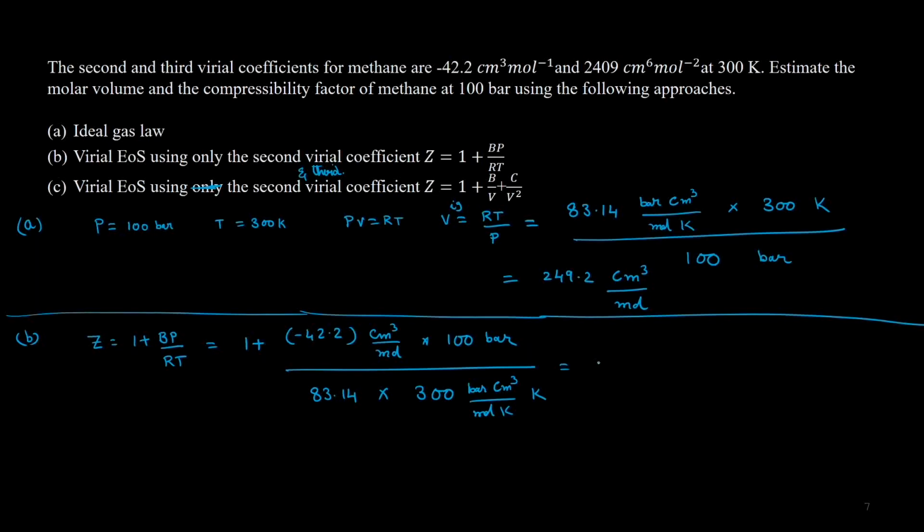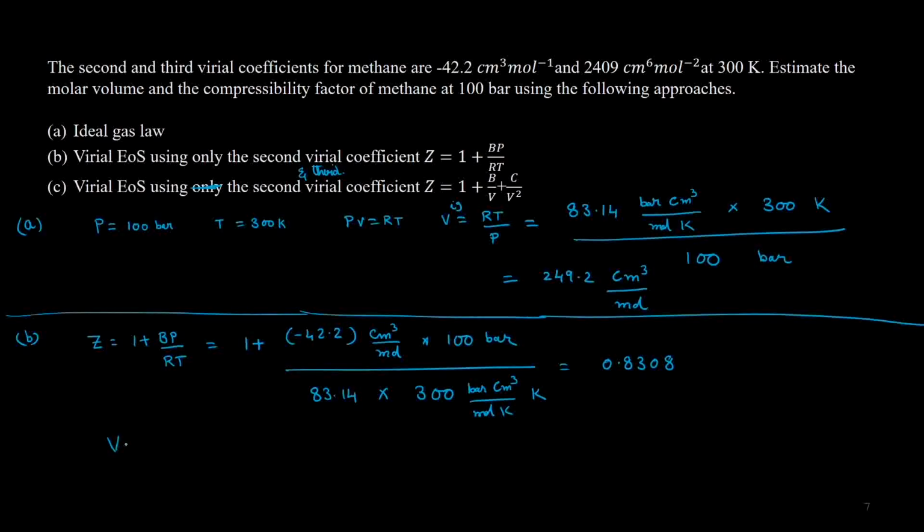If you simplify these numbers, it turns out that the value of Z is going to be 0.8308. So remember, Z for an ideal gas is 1, but at these conditions, if I use the second virial coefficient, I end up with a compressibility factor of 0.83, which means it is 17% lower.